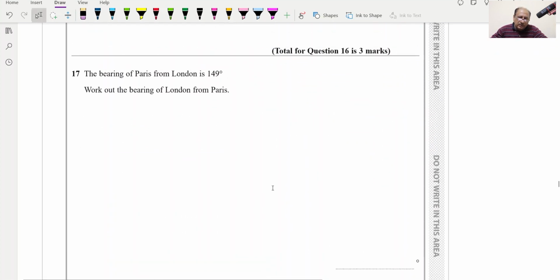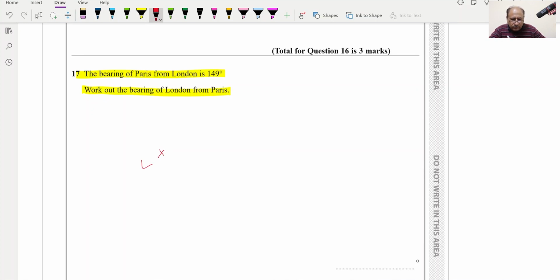Now question number 17. The bearing of Paris from London is 149 degrees. Work out the bearing of London from Paris. So we can take two locations, like one location over here we can take as London, and bearing of 149.